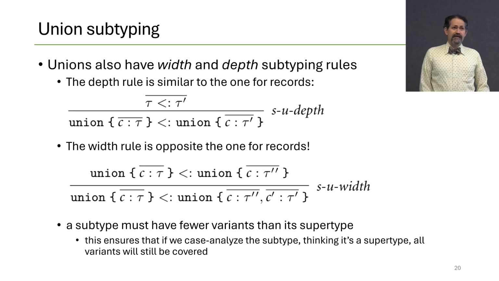Basically, the width rule says that if we have one union, then that union is a subtype of the second union with more cases added. Why is this? Well, a subtype must have fewer variants than its supertype, because if we're going to treat it like the supertype, then we might case analyze it, and we want to make sure that all the cases are covered. Well, if we're case analyzing the supertype, all we know is the supertype's cases, and so the subtype has to have fewer cases than the supertype.